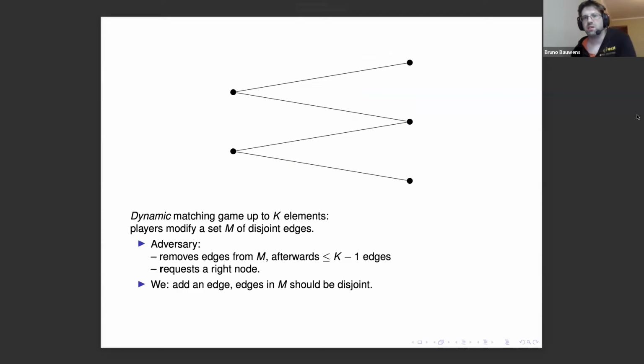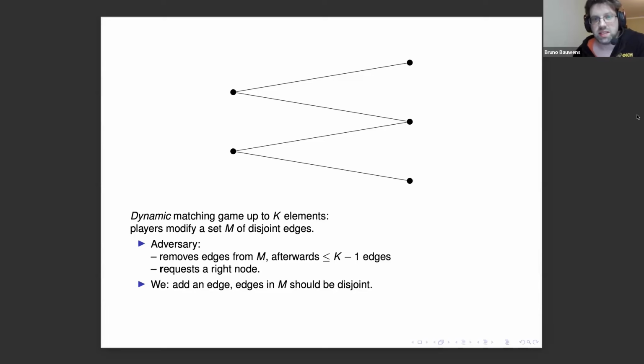Then he selects a right node, and we need to select a left neighbor for it, adding an edge that covers the selected right node and is again disjoint from the other edges. If we cannot do this, then we lose. We say that a graph has dynamic matching up to k elements if we have a winning strategy in this game.